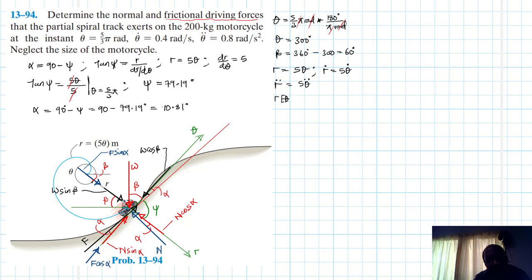R at theta equal to 5 divided by 3 pi gives us 25 divided by 3 pi, and then r dot at theta dot equal to 0.4 is just going to be equal to 2, and then r double dot at theta double dot equal to 0.8 is going to be equal to 4.